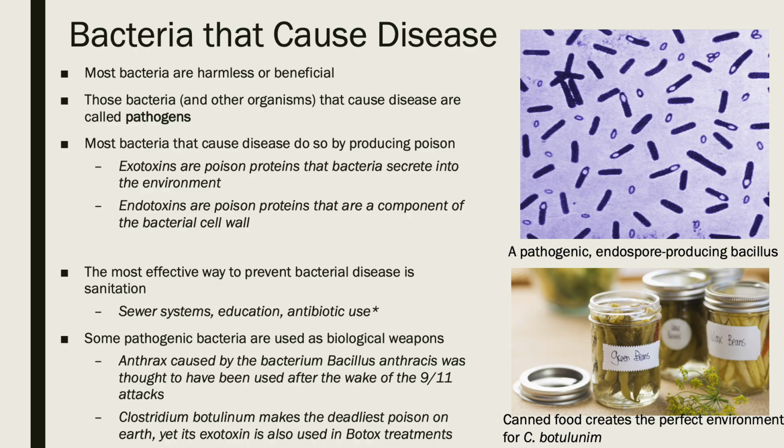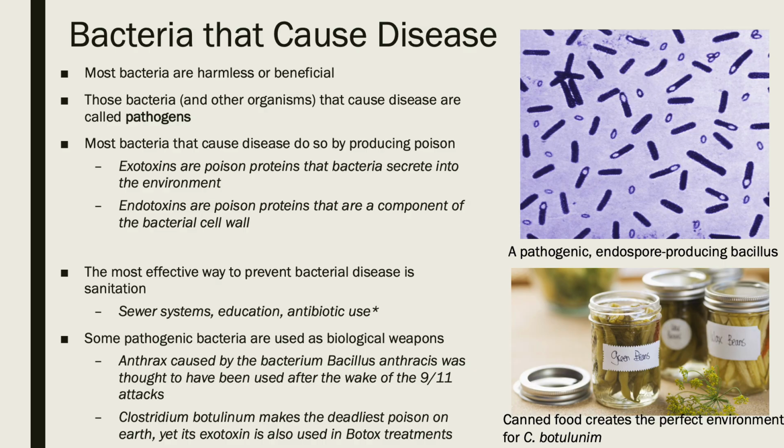So, again, I mentioned that anthrax, caused by Bacillus anthracis, was thought to have been used after the 9/11 tragedy. And Clostridium botulinum makes the deadliest poison on earth. So, that's a very powerful neurotoxin, which essentially paralyzes your nervous system so that you can't move and eventually can't breathe.